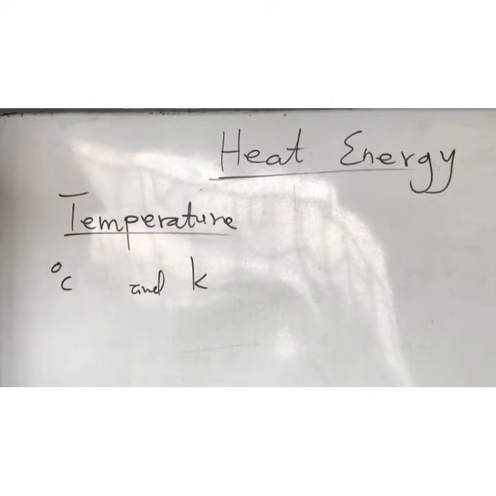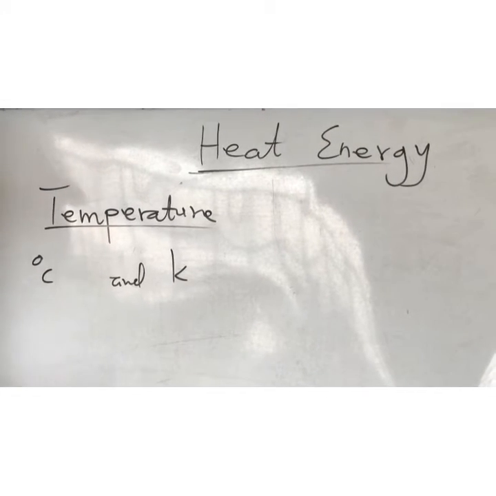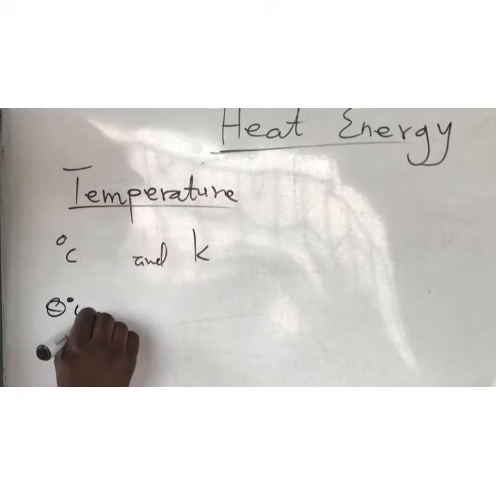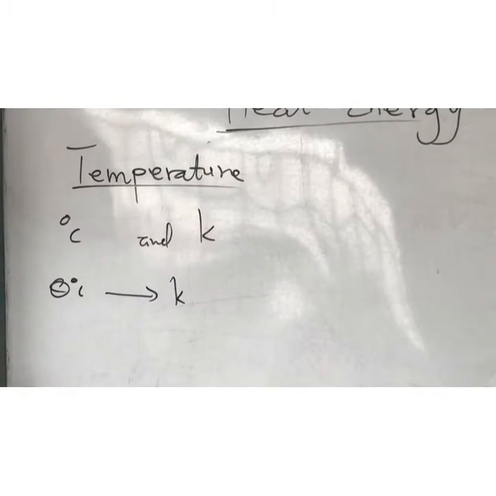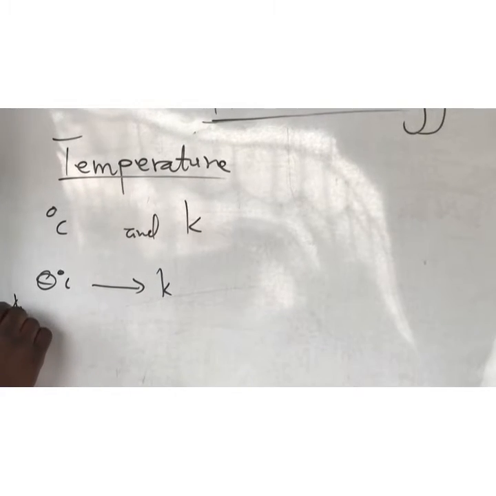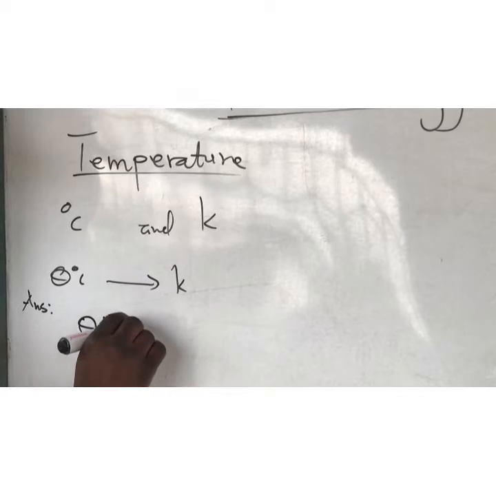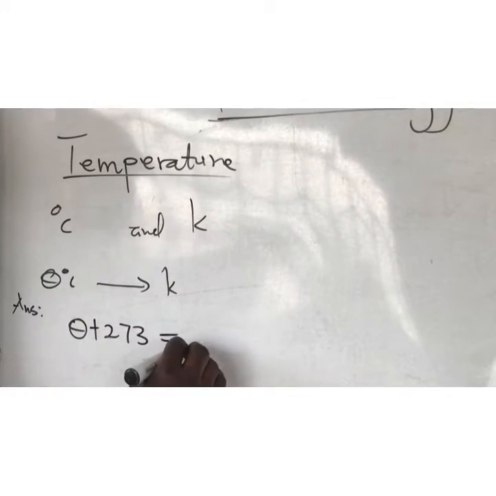Assuming you are given a temperature theta in degrees Celsius, and you have been asked to change to Kelvin, your answer will be theta plus 273. Then the answer will be in Kelvin.